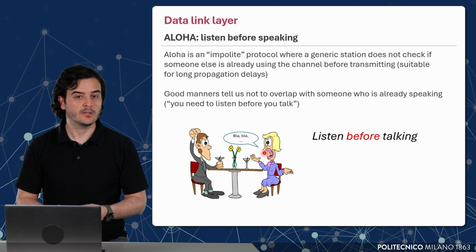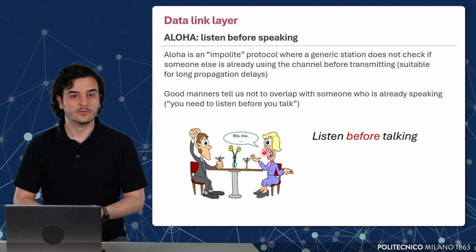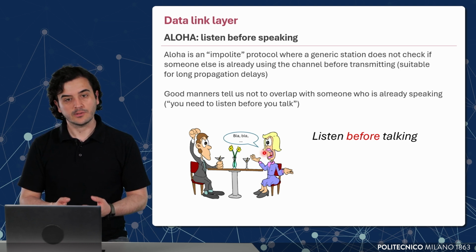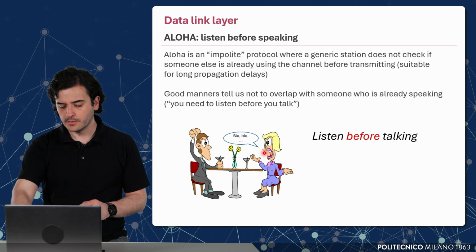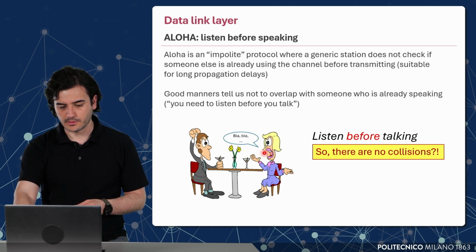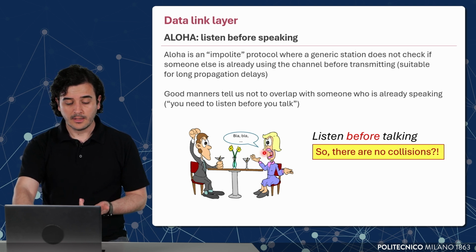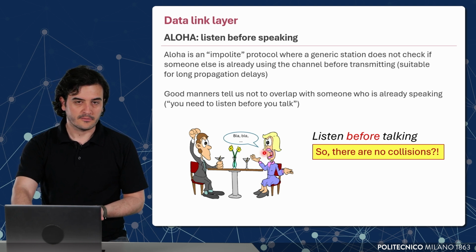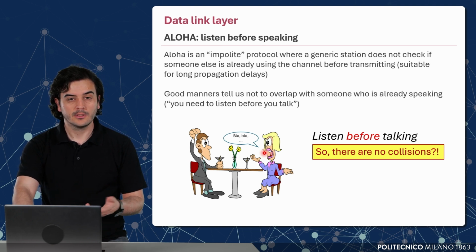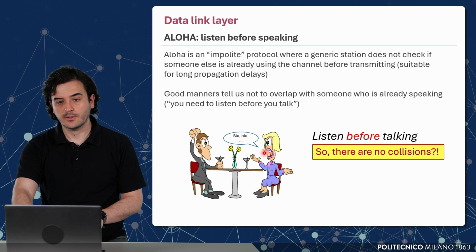Basically, you check whether the channel that you intend to use is available, and in case it is available, then you would occupy the resources that you intend. However, does this mean that there are, in fact, no collisions if you just listen to see if the channel is being used or not?